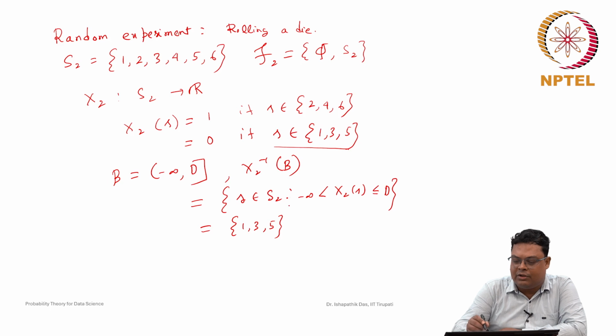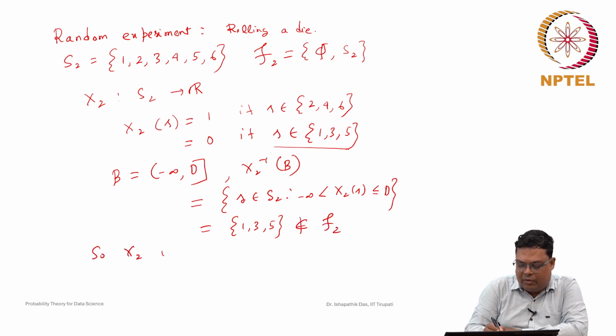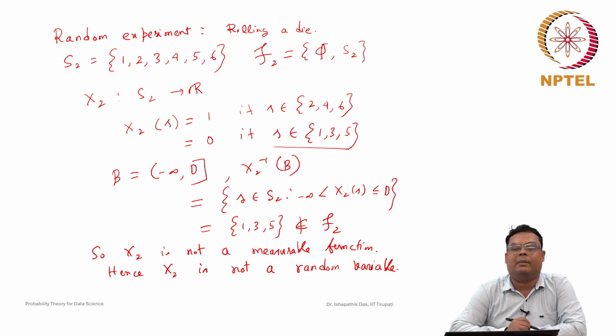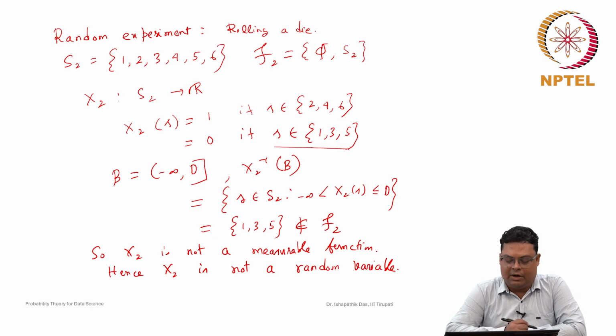It is not, because F2 contains only phi and S2, and it is the sigma field we are considering. So it does not belong to F2. Hence X2 is not a measurable function, and so X2 is not a random variable.